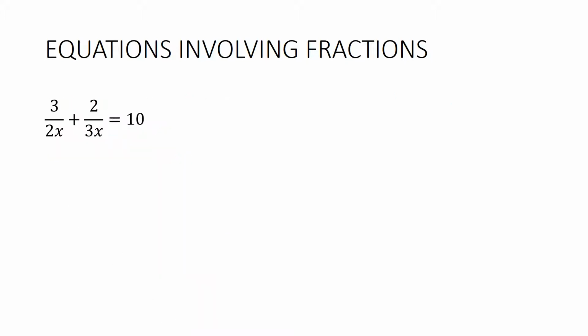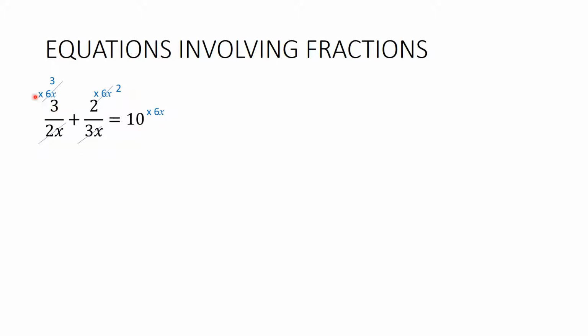Sometimes we get pronumerals on the bottom, but that's okay. We can still do the lowest common multiple. Lowest common multiple in this case will be 6x, so let's multiply everything by 6x. Okay, let's cancel. 2x into 6x goes 3 times. 3x into 6x goes twice, and I can't cancel here.